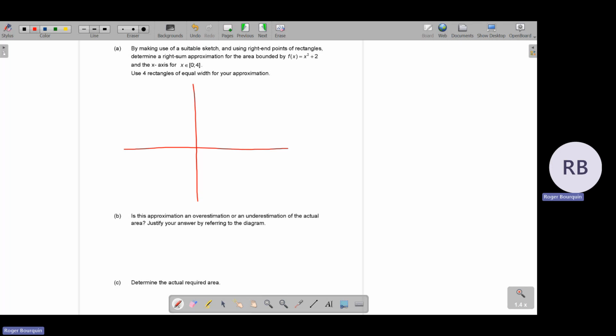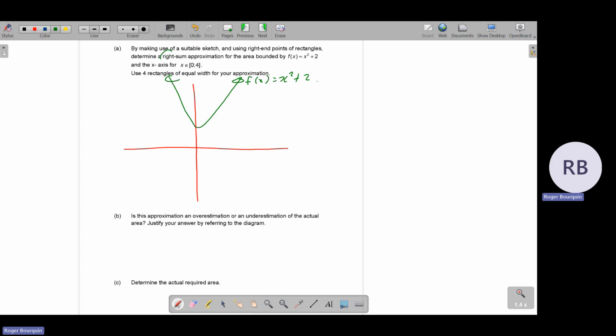By making use of a suitable sketch, so we've got the curve f of x is equal to x squared plus 2, which is a parabola. But then what's the area? I'll show you what I mean by a right sum.